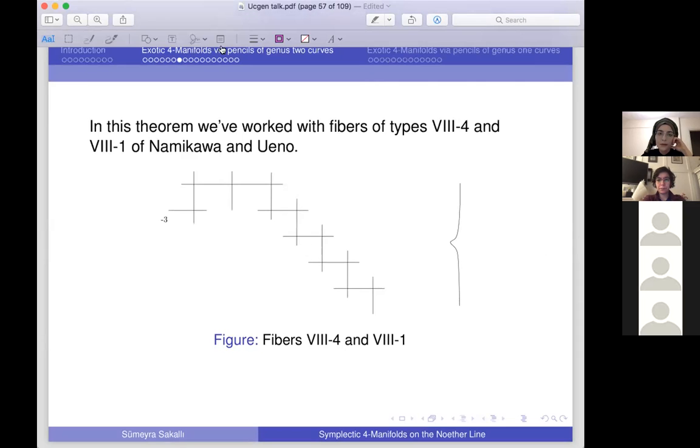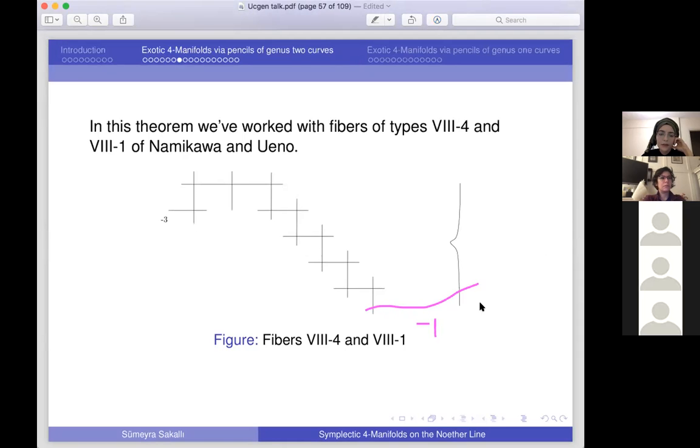And later we figured out the sections, and in fact, let me try to draw. We found that there is one section hitting these 2 fibers like that. And when I say section, I mean a -1 sphere. It is just one section.